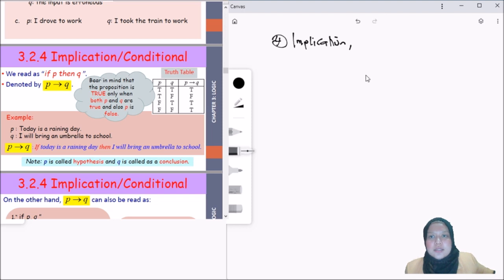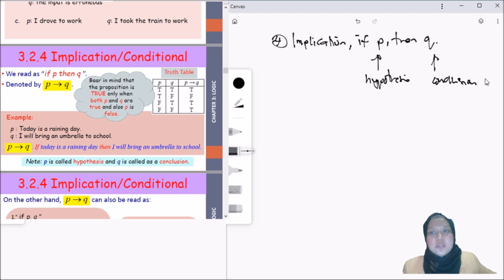We read it as if P, then Q. This P is a hypothesis and this Q is a conclusion. So if P happens, then Q happens. Implication is denoted by the symbol P implies Q.